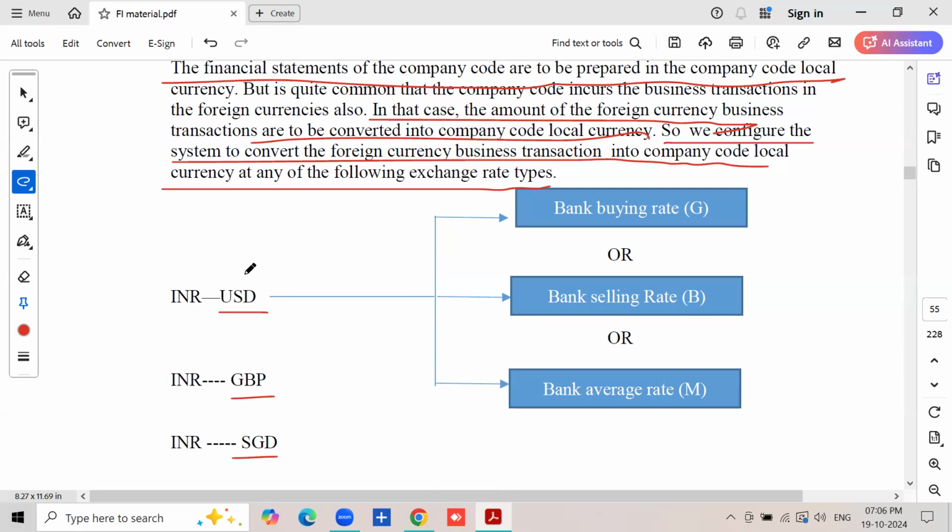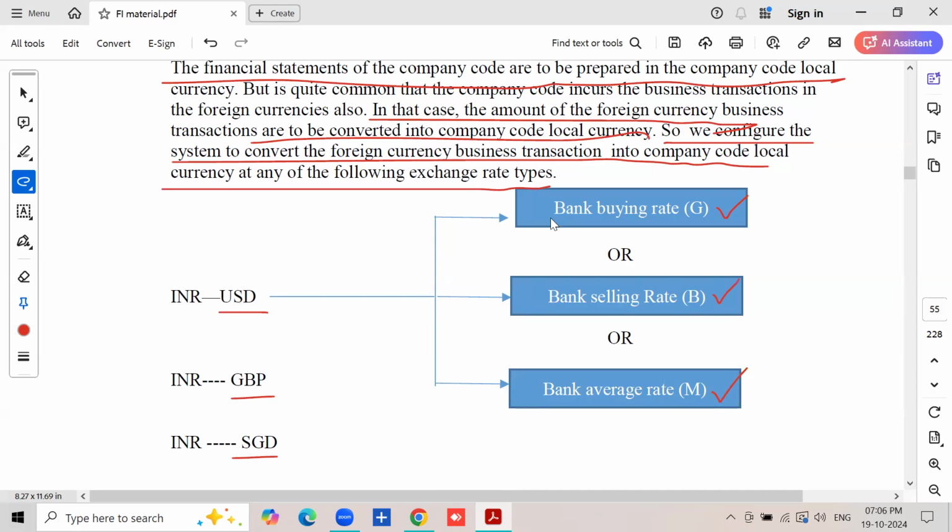When you incur the business transactions in the US dollar, they are to be converted into company code local currency. For that purpose, these foreign currency business transactions can be converted either at the bank buying rate or at the bank selling rate or at the bank average rate.